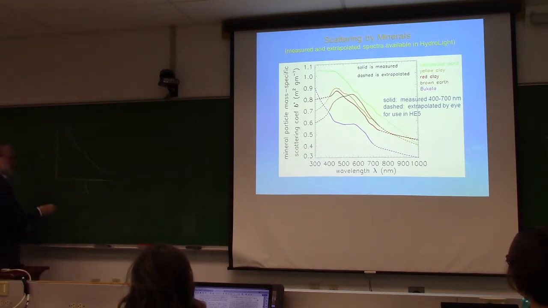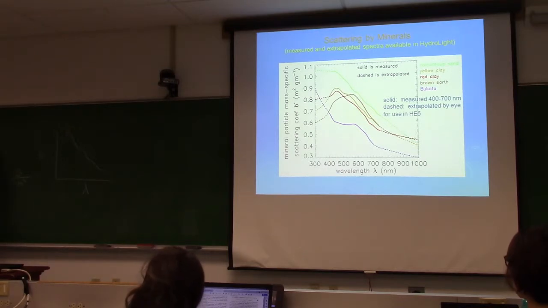And then they measured the concentration of the minerals, which is usually done in something like grams per cubic meter. That's just the standard way people measure mineral particle concentrations, just like for chlorophyll, they measure milligrams of chlorophyll per cubic meter. And so that's just the way people do it.